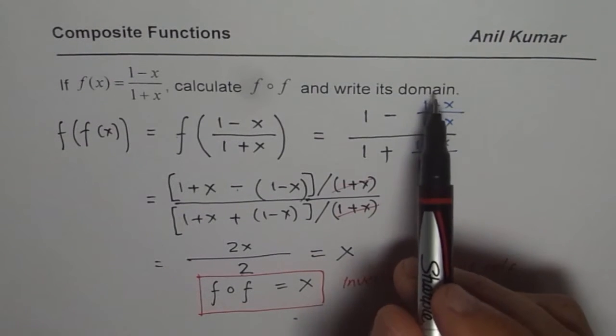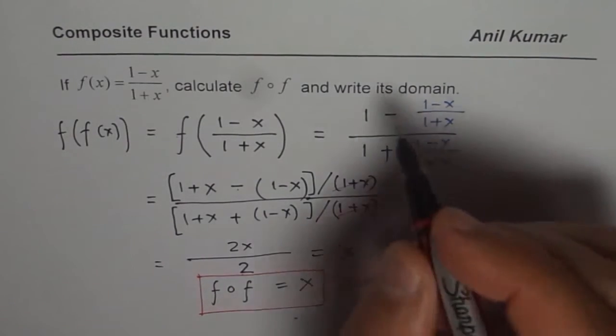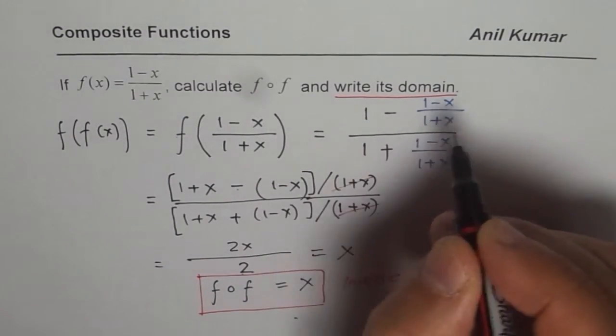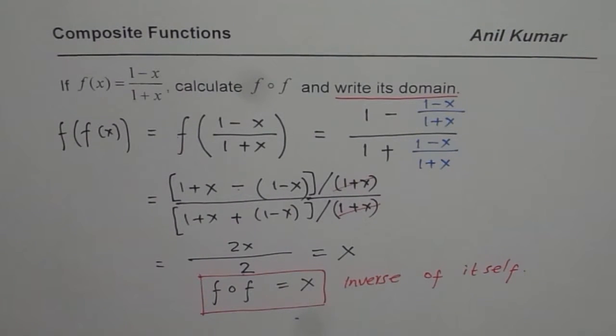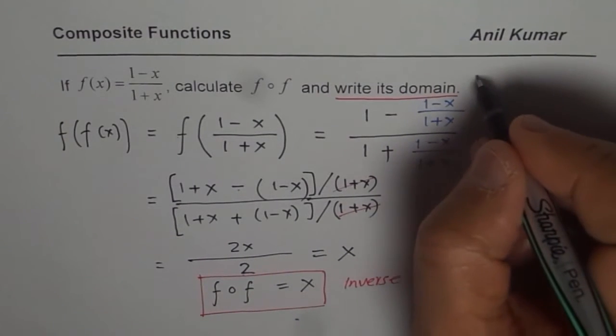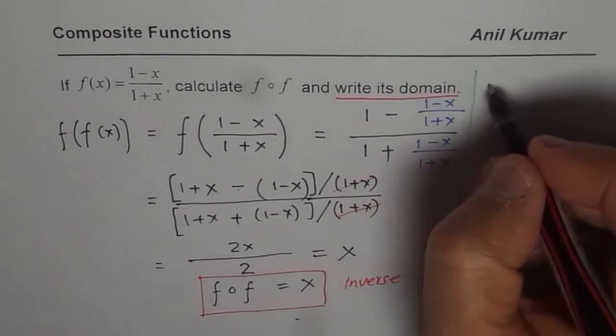Now let's get to the second part of this question, which is extremely important, and we need to find its domain. So what is a domain? Whenever you want to find the domain of the function, you should not look at the final result. What you have to look at is the starting point, correct?